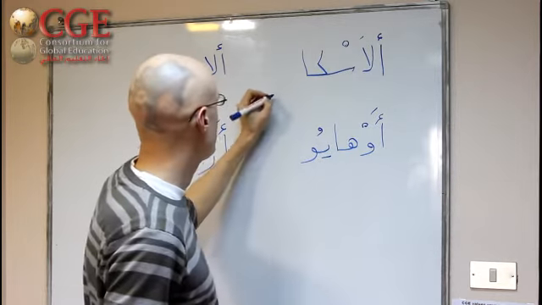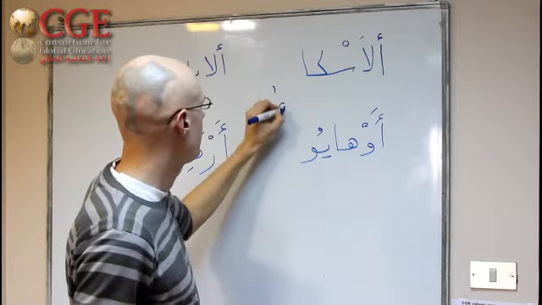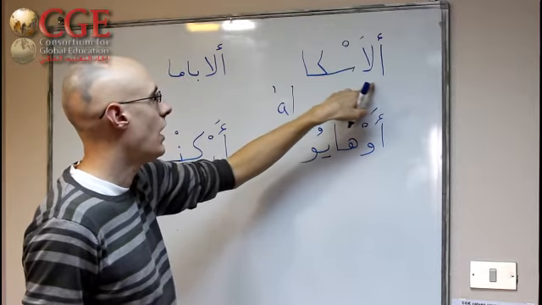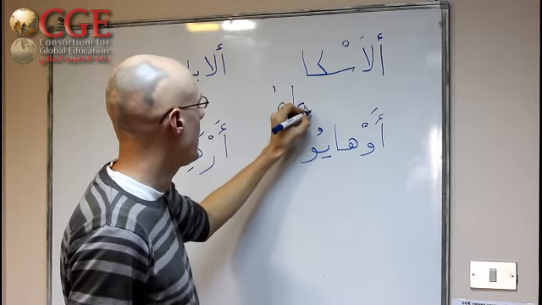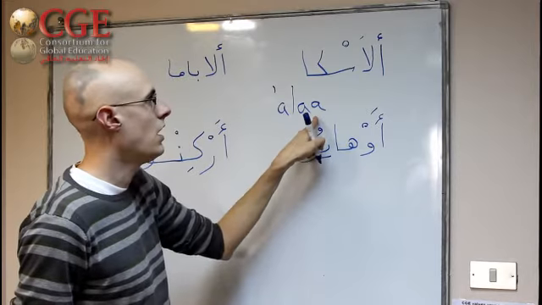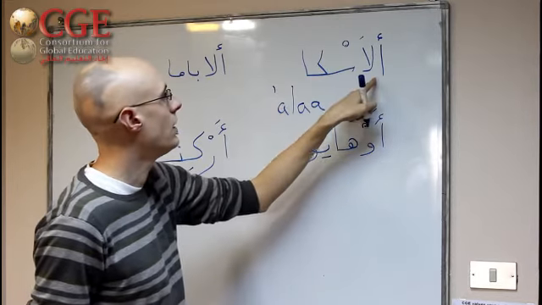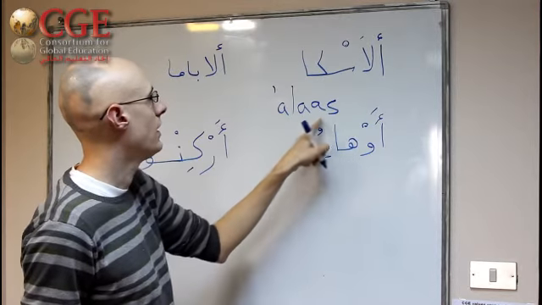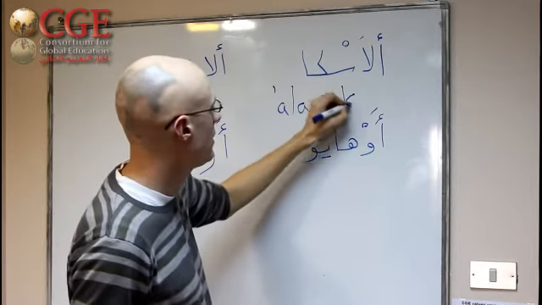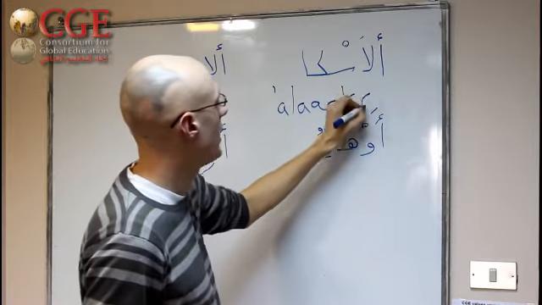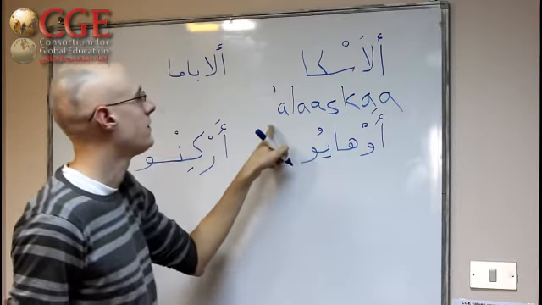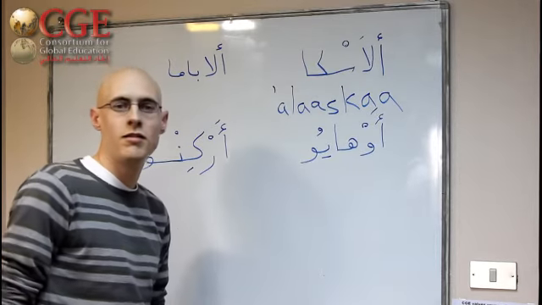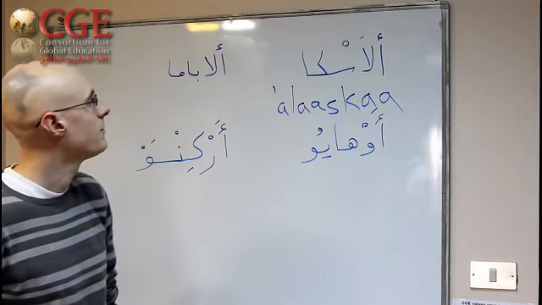So, starting with the olive, you got a glottal stop with an A, then an L, al, and then a long A, Allah, followed by an S with no vowel. And then we have a K, followed by a long A vowel again. Alaska. Obviously, the northern state, Alaska.